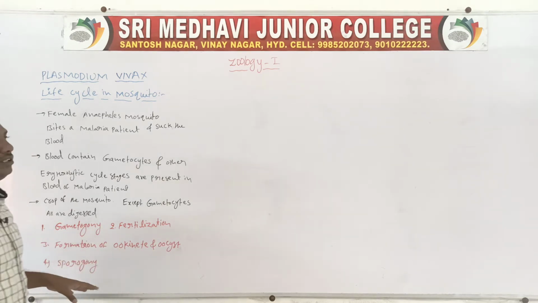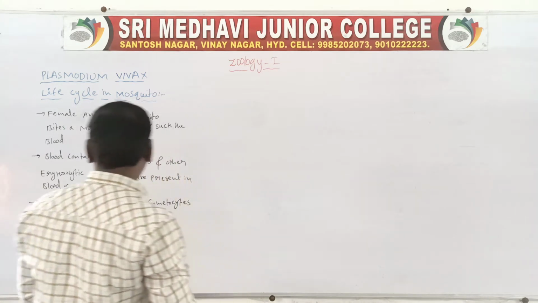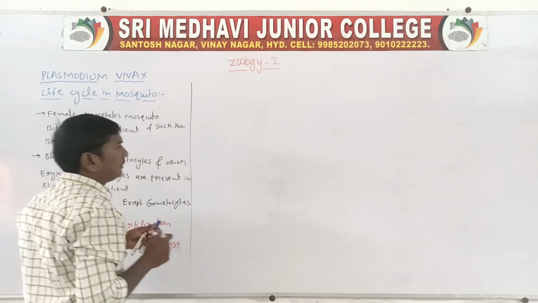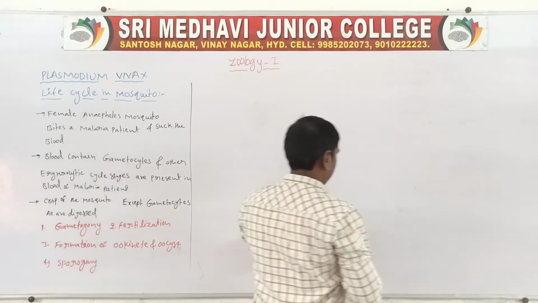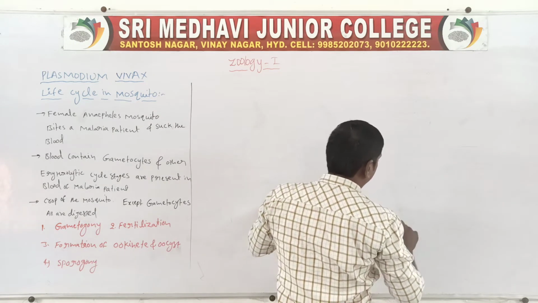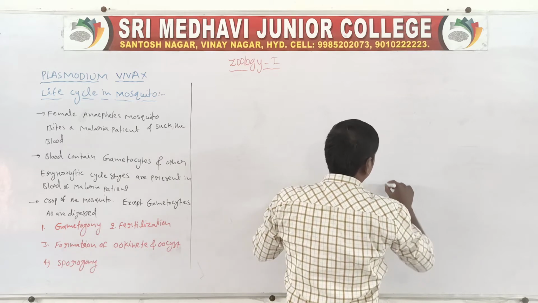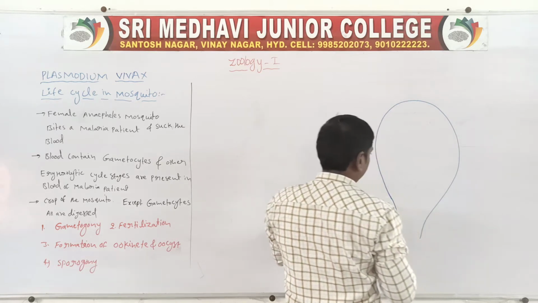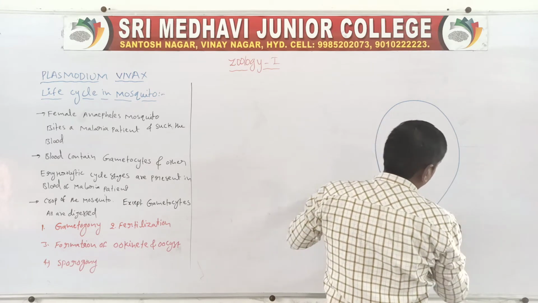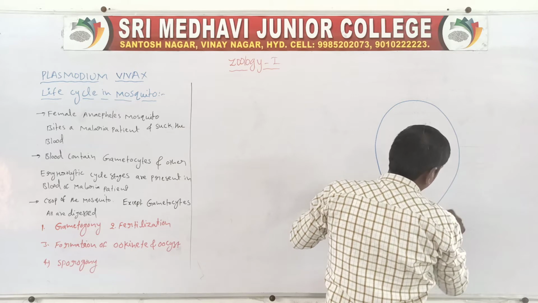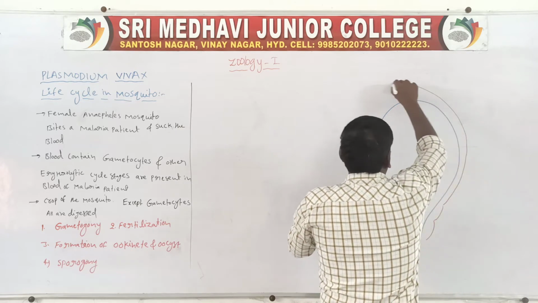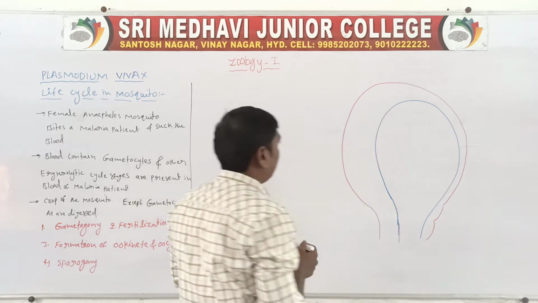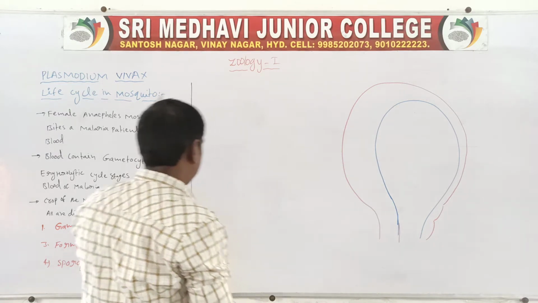Fourth one, sporogamy. First step, gametogamy.